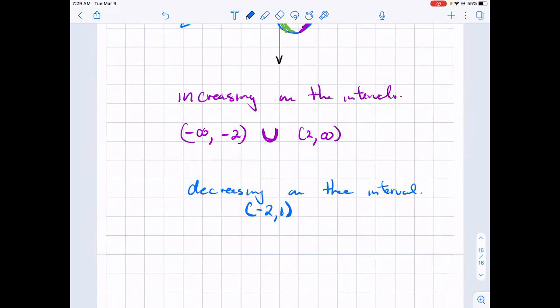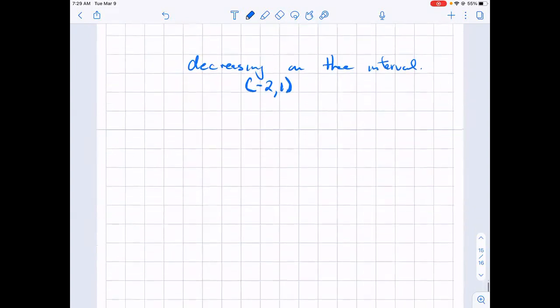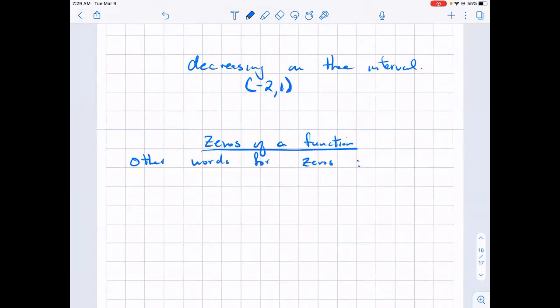Let's now look at a quick review of zeros of a function. Okay. And remember, another word for zeros is the answer, or the solution.